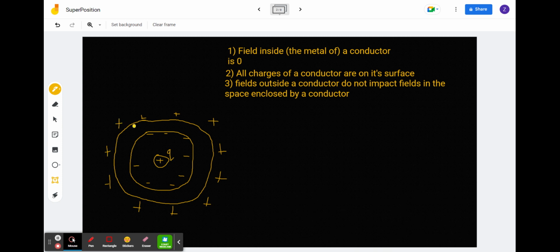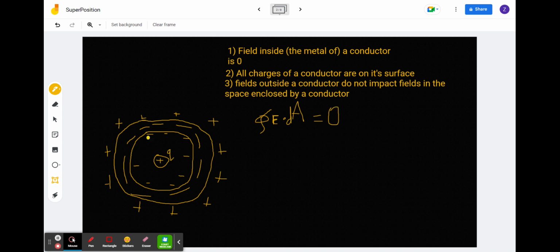Well, we already know that the field inside a conductor is zero. So if I draw a Gaussian surface inside the conductor, since the field at every point on the boundary is zero, when we take our Gaussian integral of E dA, the value of E is zero across the entire surface area, meaning that the charge enclosed also has to be zero.